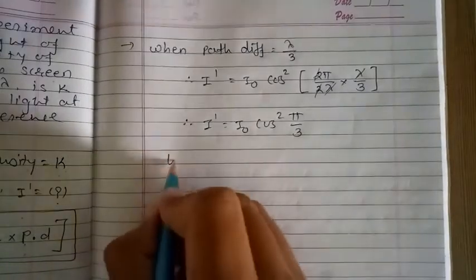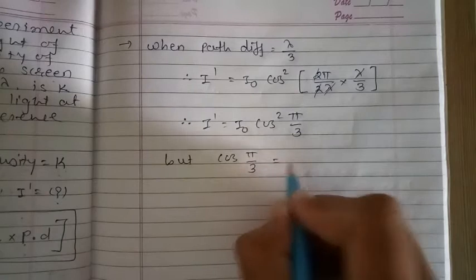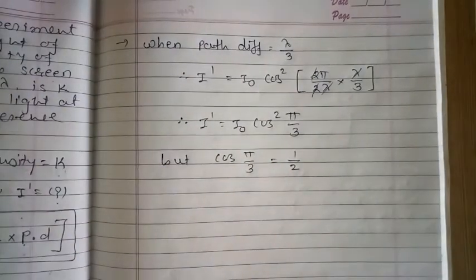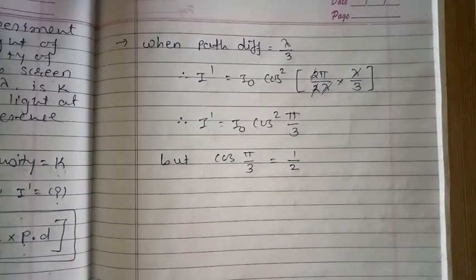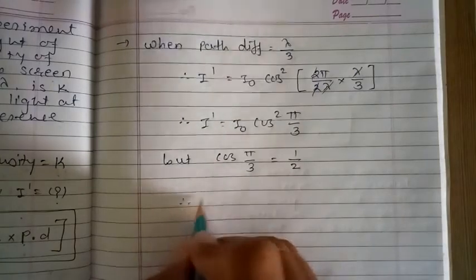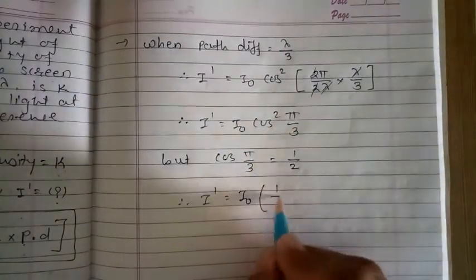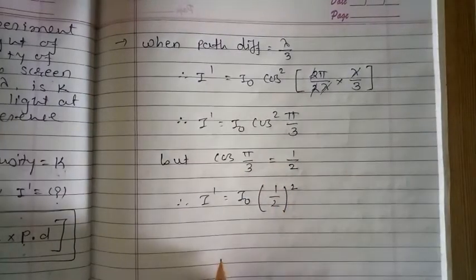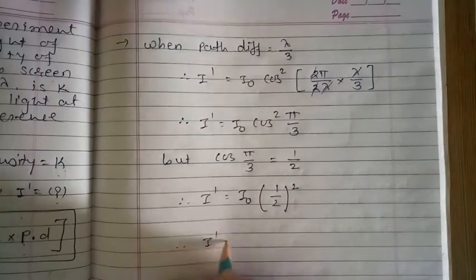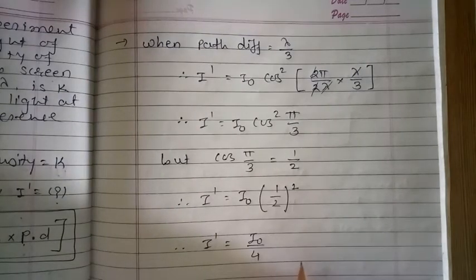But we know that cos pi by 3 is 1 by 2, because pi by 3 is 60 degrees, cos 60 is 1 by 2. So I dash is equal to I0 times 1 by 2 whole square, so I dash is equal to I0 by 4, but we know that I0 is equal to k.